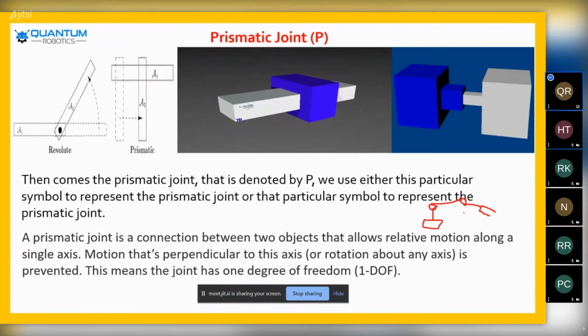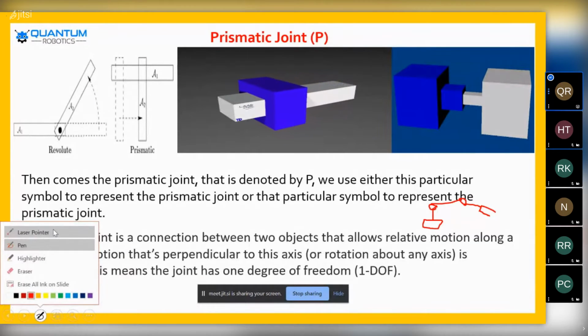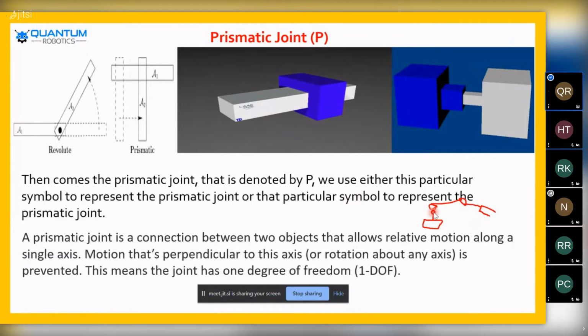This is called a manipulator: from the base, it is interconnected through links, and the links are interconnected by joints, with two links and one joint acting together.